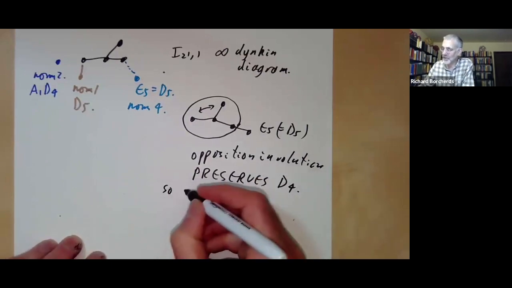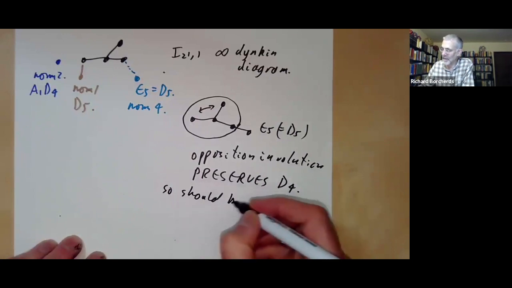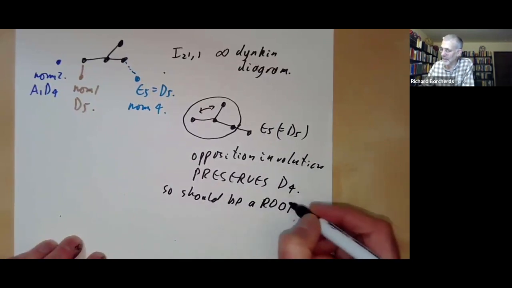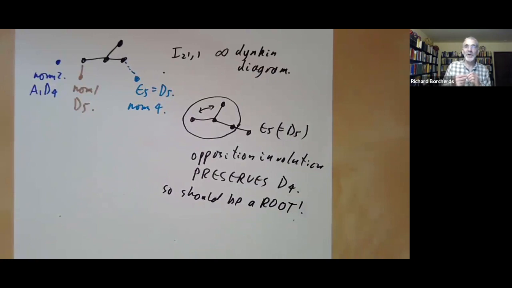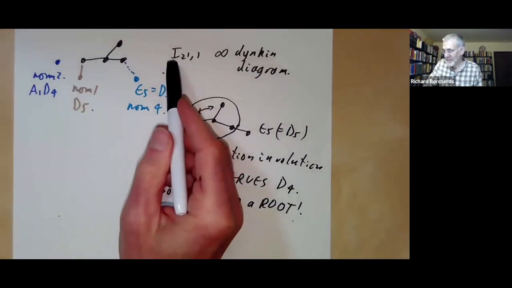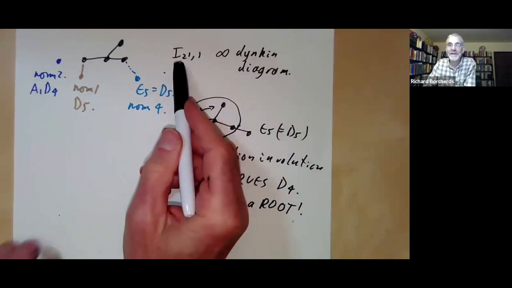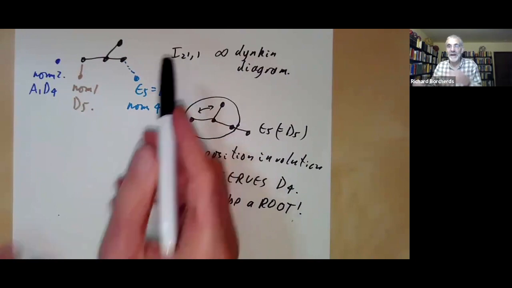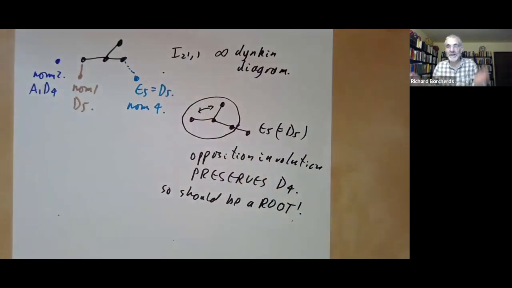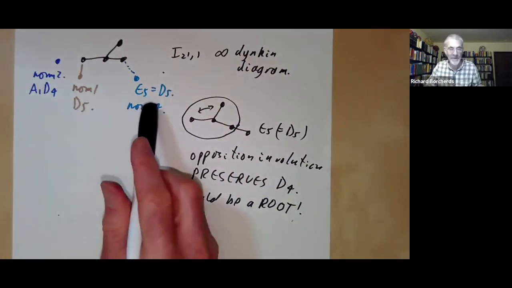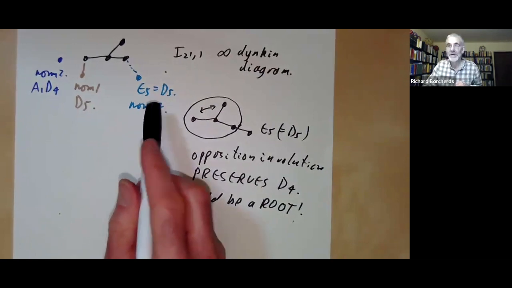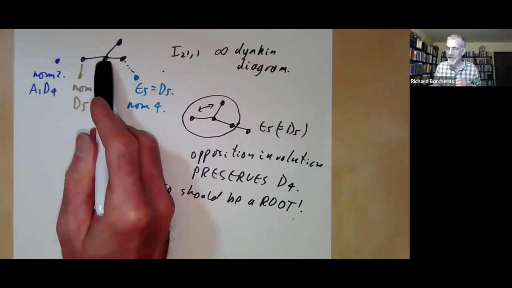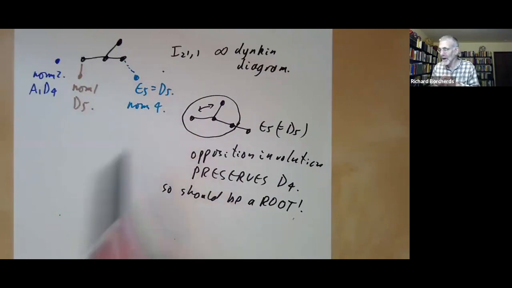So it should be a root by what I said before. So we seem to have a contradiction, because Vinberg showed that the Dynkin diagram of this lattice here was infinite, and it has an infinite group of symmetries. And on the other hand, we seem to have an argument saying that its Dynkin diagram should be finite and should have a finite group of symmetries.